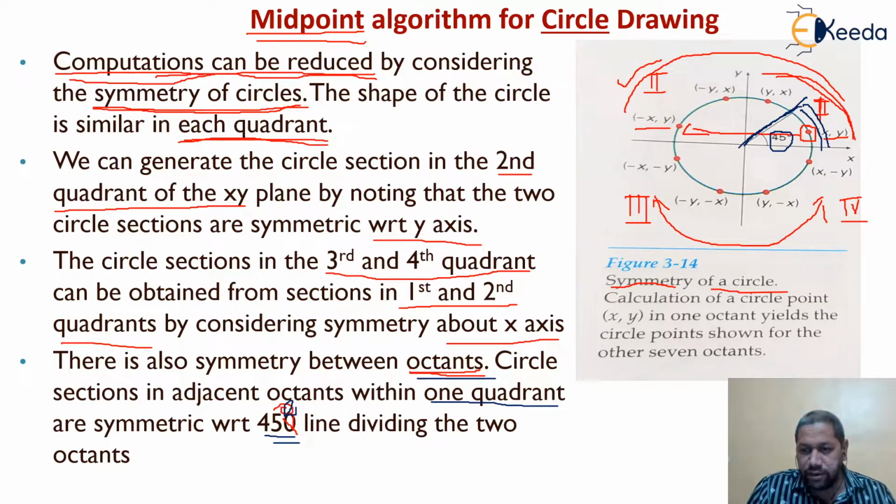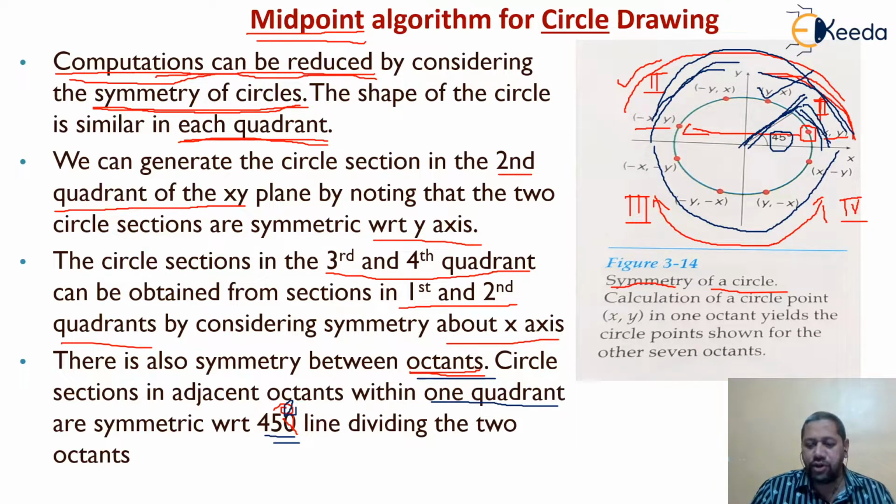If I get the calculation of one octant, I will reflect it and get the next octant. Then I will get the one quadrant. One quadrant reflected, I will get the second quadrant. And reflection of this half circle, I will get the complete circle. This is what helps reduce the computation.